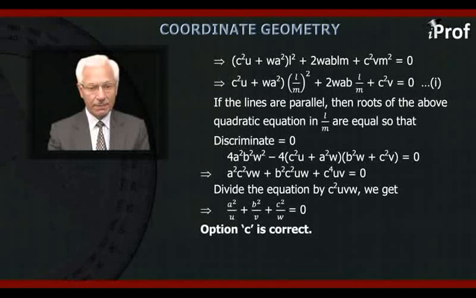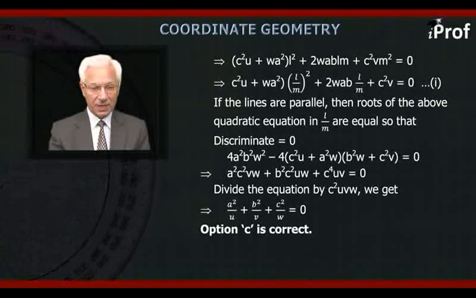Dividing by c²uvw, we get a²/u + b²/v + c²/w = 0, which shows option C is correct.